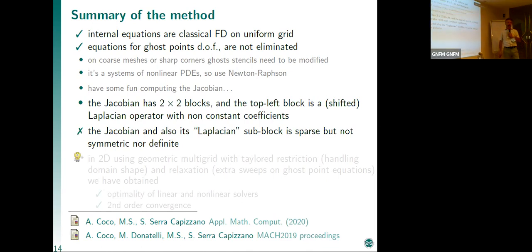But at the end of the day, the hardcore part boils down to solving a linear system whose matrix represents a Laplacian operator in some funny way, because these equations with the constraint make this matrix not symmetric and not positive definite.